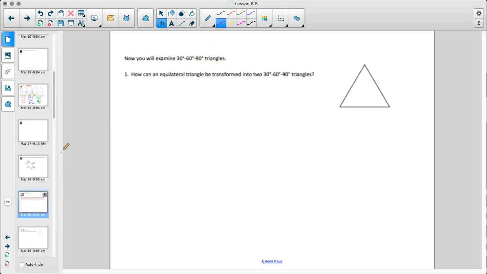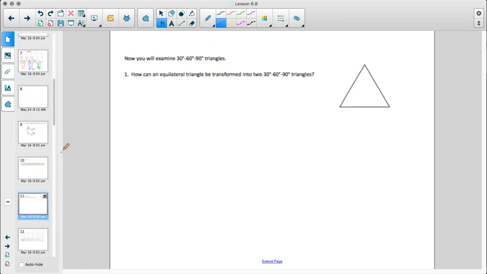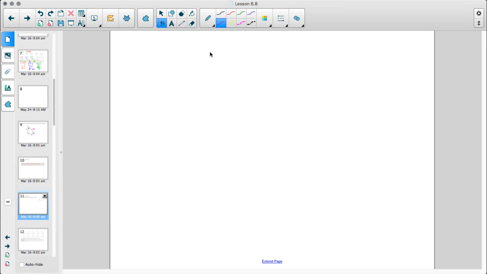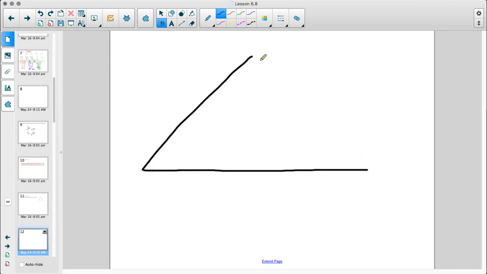Another special triangle that we look at is an equilateral triangle. Okay, so if I have an equilateral triangle, and if I split it in half, it will become a right triangle. This is 60. This whole thing was 60.